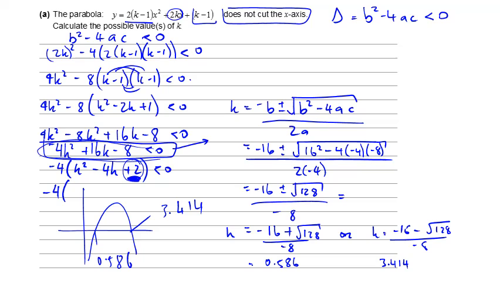And so this graph is negative here and here. So therefore my answer is going to be K is less than 0.586 or K is greater than 3.414. Two answers. Okay, that is my excellence.